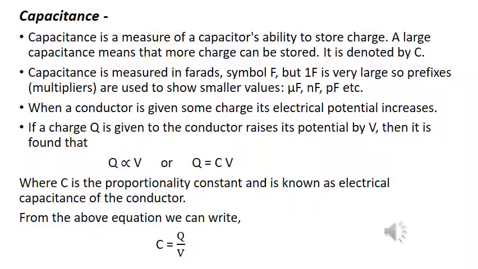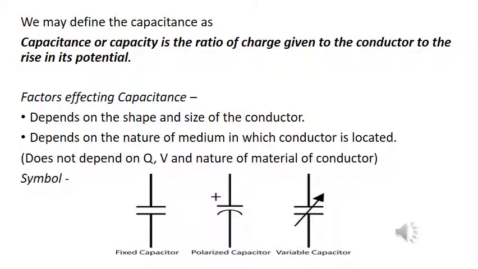Here C is the proportionality constant and is known as electrical capacitance of the conductor. From the above equation we can rewrite C is equal to Q by V. Therefore, we may define the capacitance or capacity of a capacitor as the ratio of charge given to the conductor to the rise in its potential.